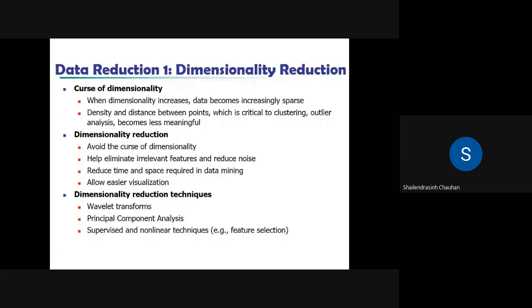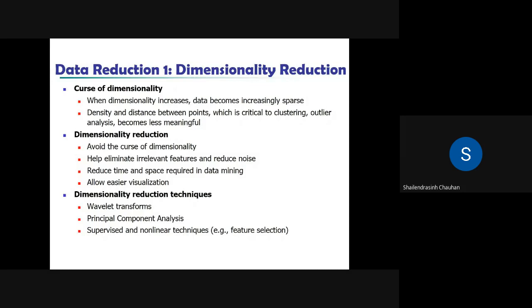It also helps to eliminate irrelevant features and reduce noise. So we can remove those features which are irrelevant, as well as reduce the noise from our data. And we can also reduce the time and space required in data mining.